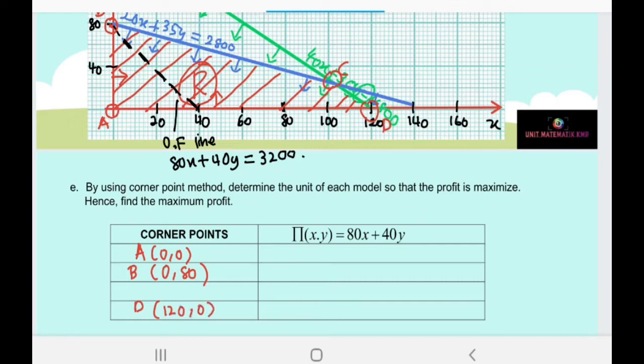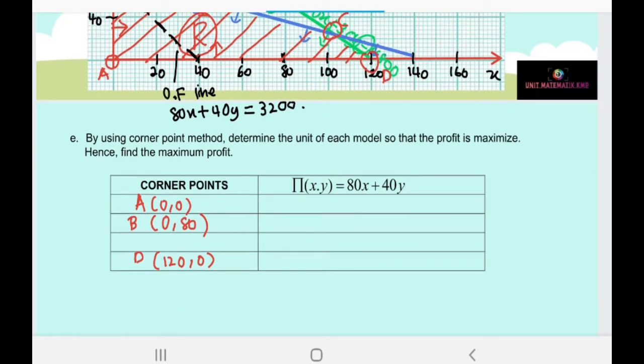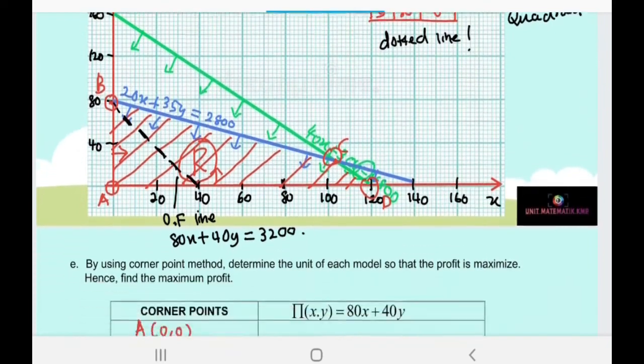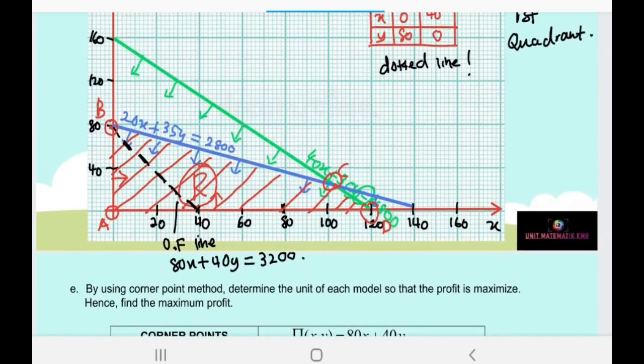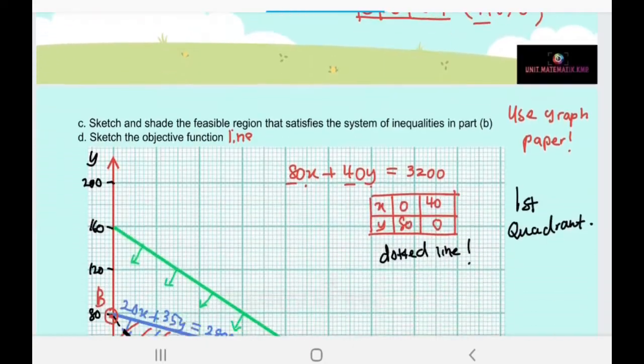But for C, if we use the correct scale, not too big a scale, you can find it by just looking at your graph paper. But if you cannot estimate the value or the point of C, you can just solve the simultaneous equation by solving both inequalities.